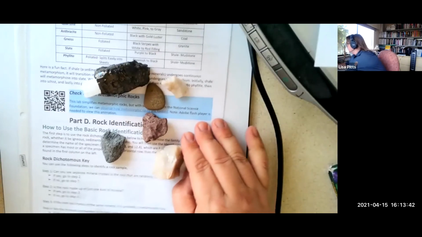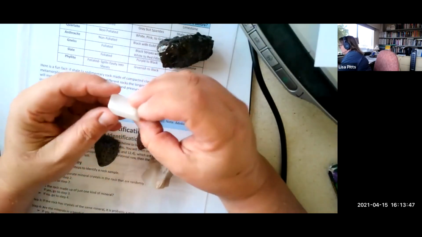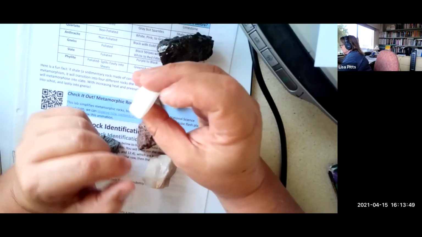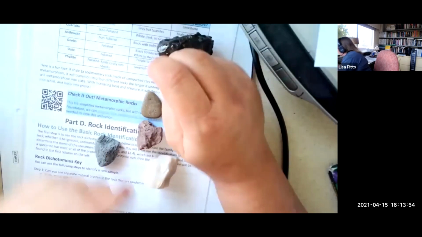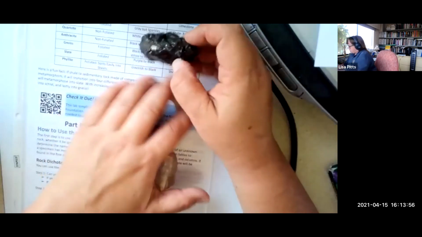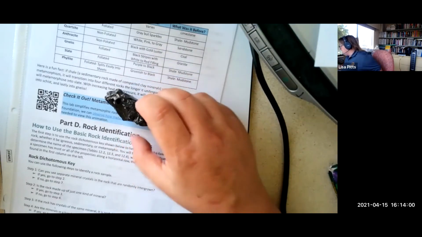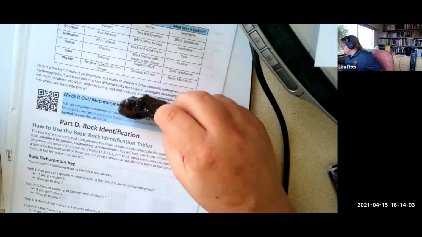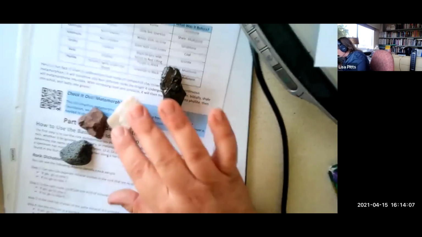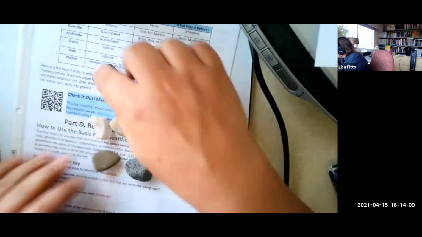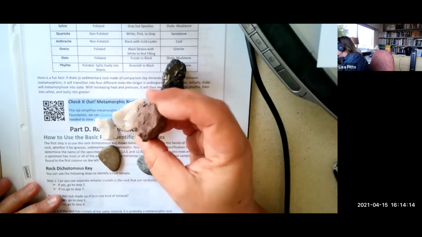All right, I brought a whole bunch of different stuff. There we go. This is a mineral. This is that rhombohedron thing I was talking about. This is calcite, often confused with halite. Let me leave that one there. Actually, let's look at them all together. This one here is an igneous rock. I know that because I just do.